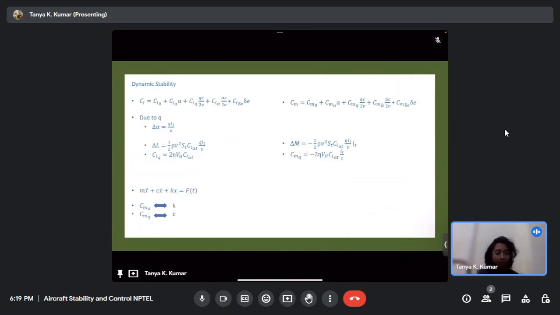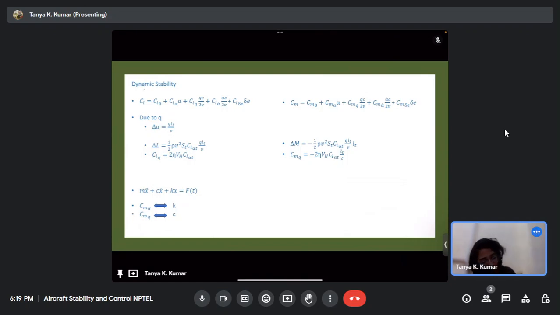Now let's look at the dynamic stability for an aircraft in the longitudinal sense. For the force we have CL, and for the moment we have Cm, where Cm is the pitching moment coefficient. Till now, what were the linearized equations for these two coefficients that we saw?